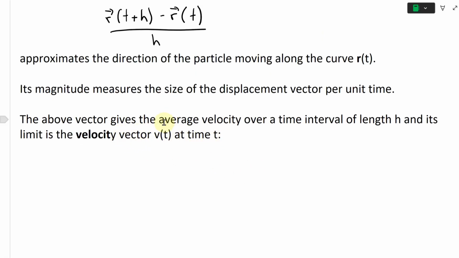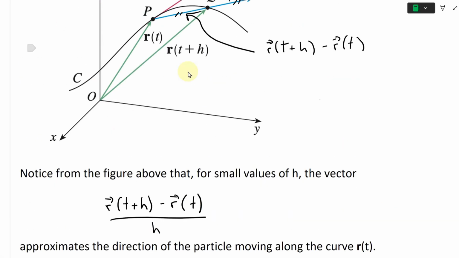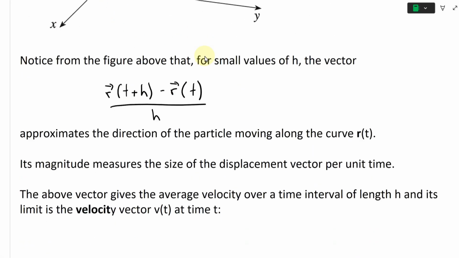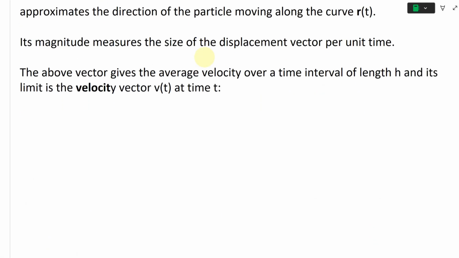So that's average velocity, but then at the limit, as h approaches 0, you basically have the limit of the derivative. So in other words, the velocity vector v of t is equal to the limit of that displacement vector as h approaches 0.